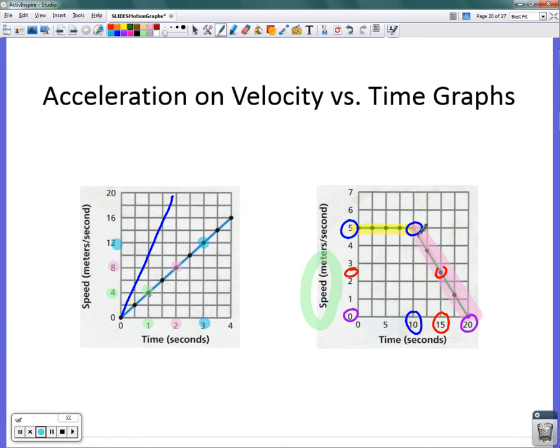If we put a second graph on here that looks something like this, that graph represents an object slowing down as well, but it's slowing down more quickly. It would be like a car slamming on its brakes or something like that. It has a negative acceleration, but a very fast negative acceleration, or a high negative acceleration, so its velocity changes very quickly.